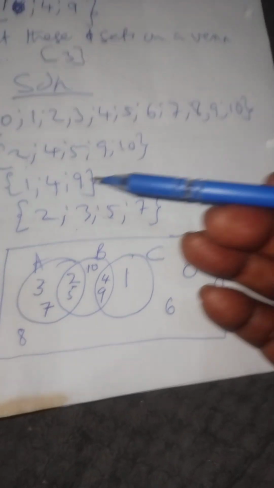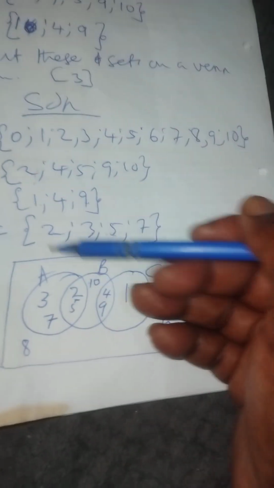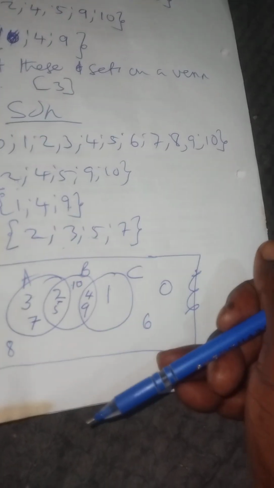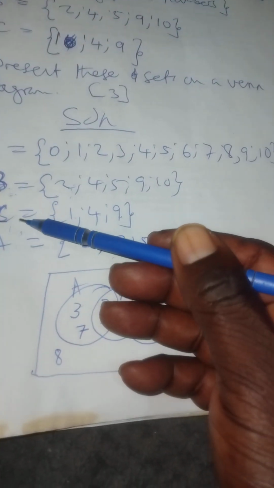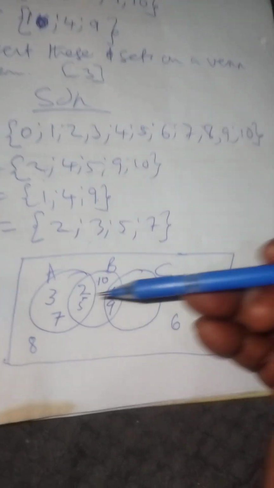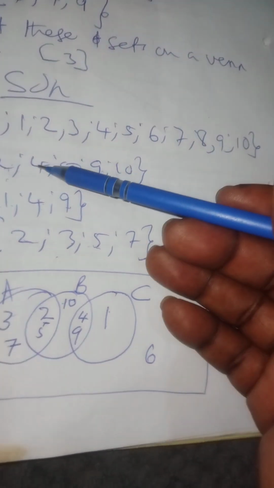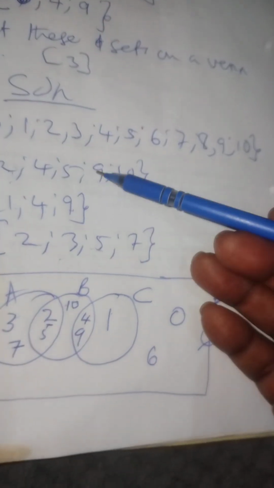Again, we check A and C. Is there anything common? There is nothing, which means A and C do not overlap. But look here now, B and C, do they share something common? B and C share 4 and 9.